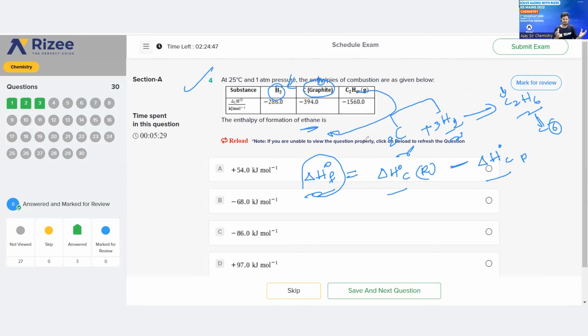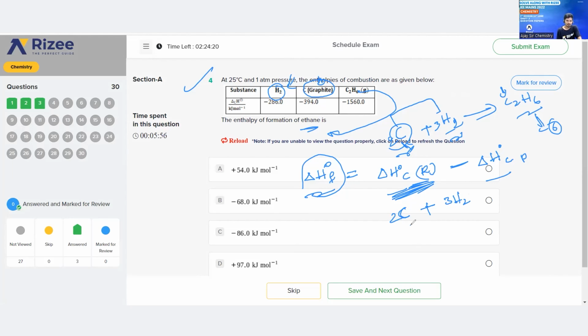Each and every value is given in the question, so no need to worry. See here, what are the reactants? Carbon is there, and H2 is there. First of all, 2 moles of carbon and 3 moles of H2.